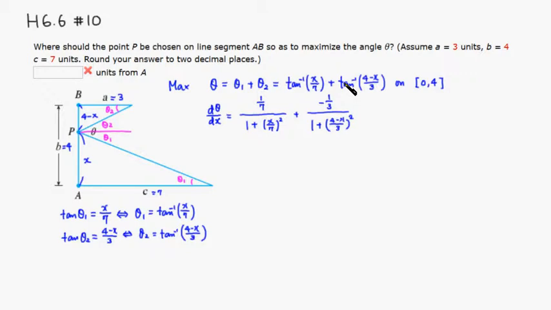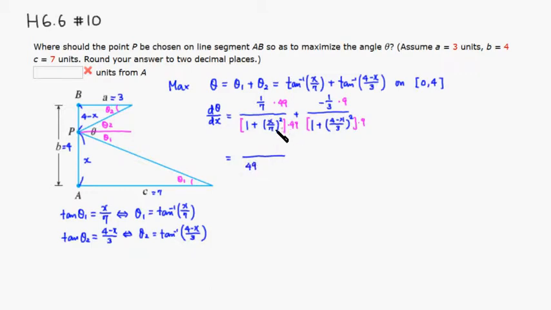I'm going to multiply top and bottom because I don't like fractions inside fractions. So I'm going to multiply top and bottom by 7 squared, or 49, and do the same thing with 9 for the other term.